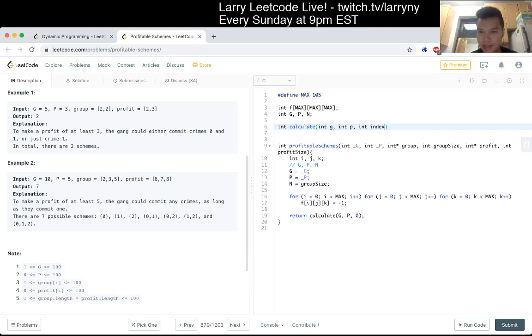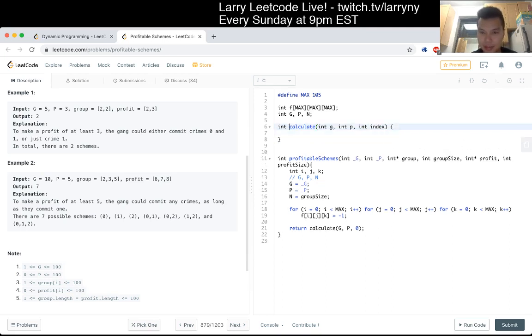Index of crime. Target kind of. Let's go target profit. Let's go numbers. Okay.